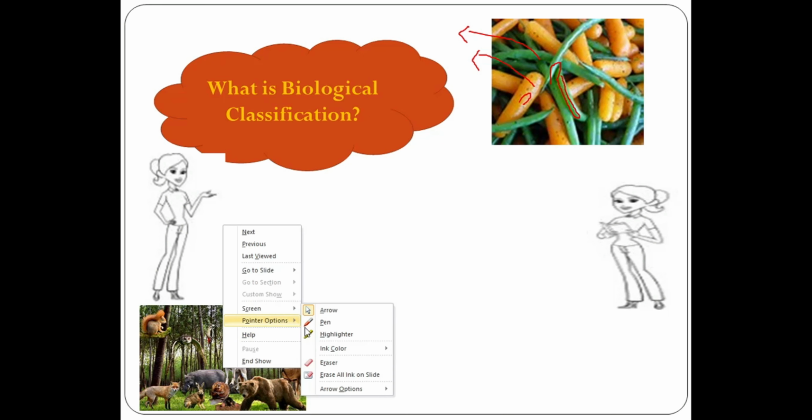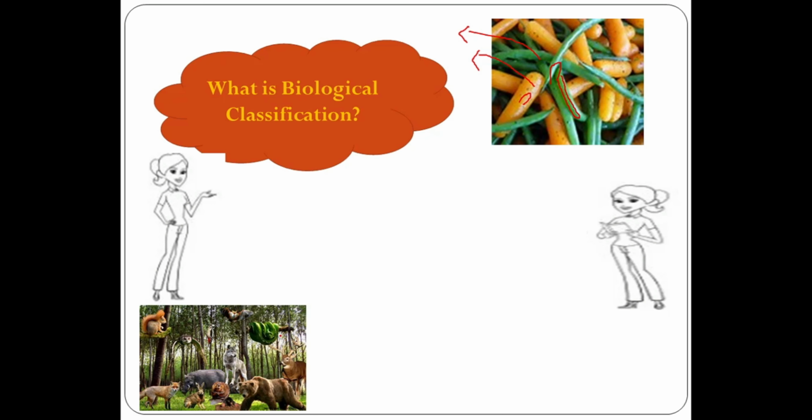So here you can see a number of animals. If you are asked to separate those having external hairs on their body, what do you do? You will separate this snake from the remaining. The reason is that this is the one which does not have any hairs on its body, and apart from that, all of these have external hairs on their body, right?